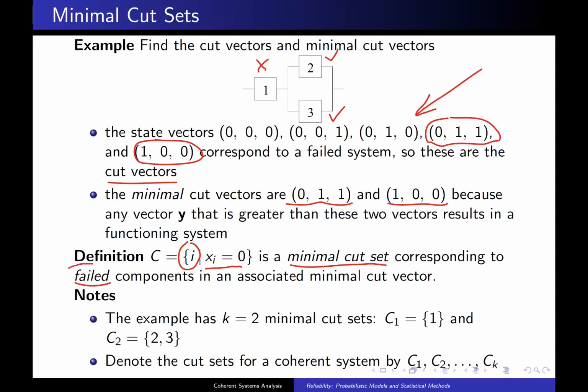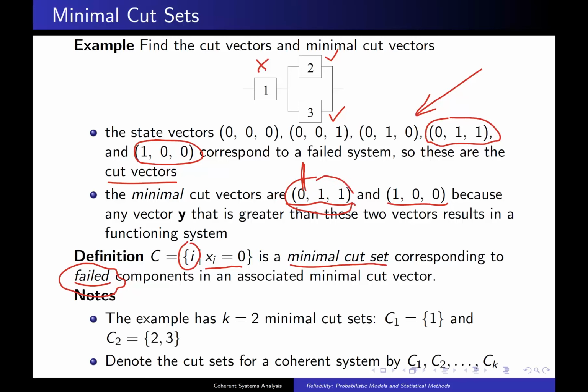Now you remember in the previous definition for a minimal path set, we had the word functioning there. This time you're looking for the indices of the failed components. So for this first minimal cut vector, this one right here, where is the failed component?